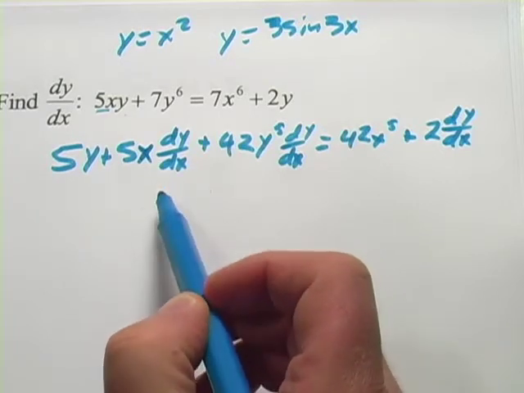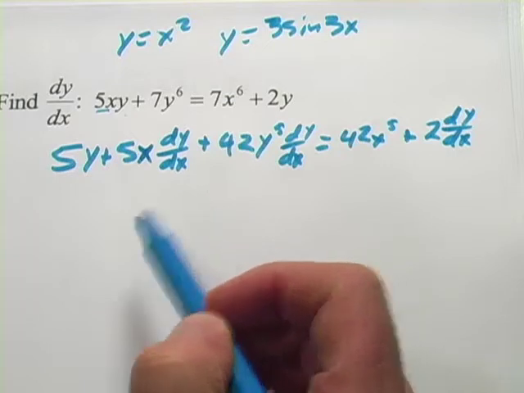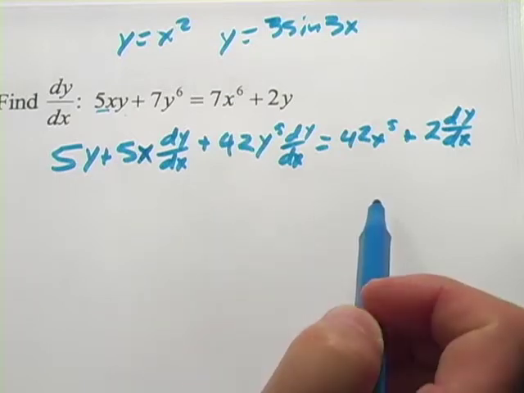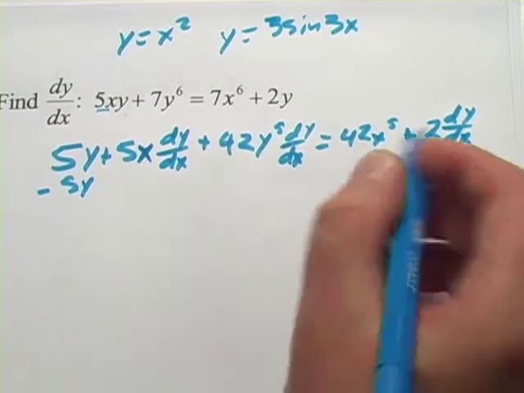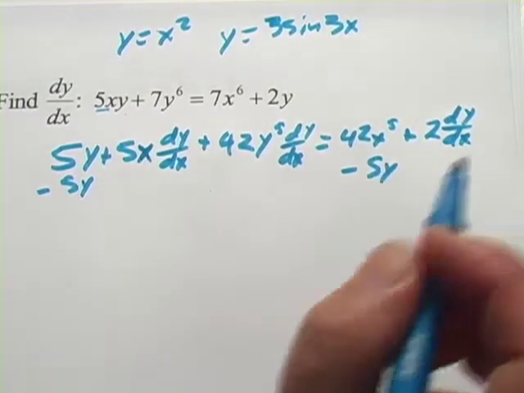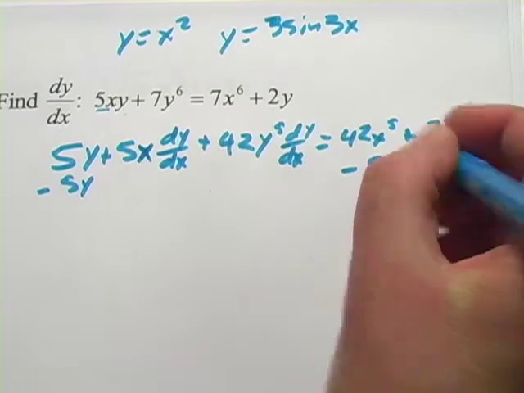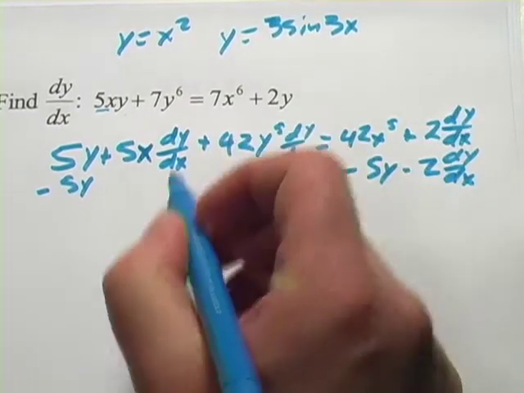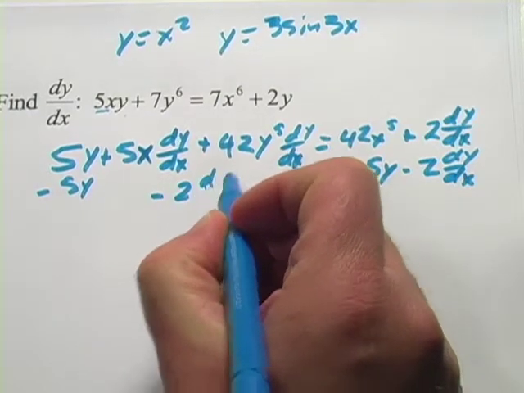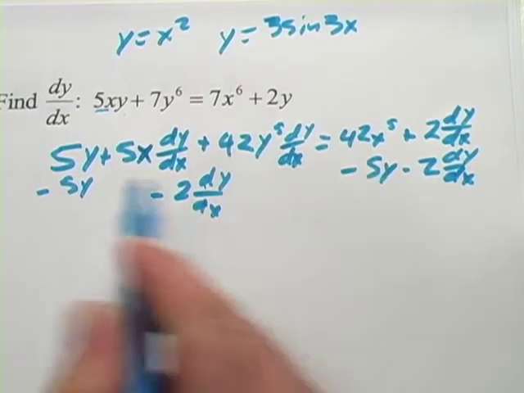So we're going to move all of the terms with dy dx to one side of the equation and all the other terms to the other side. So I'm going to subtract 5y from both sides. I'm going to subtract 2 dy dx from both sides. I think that's all I need to do.